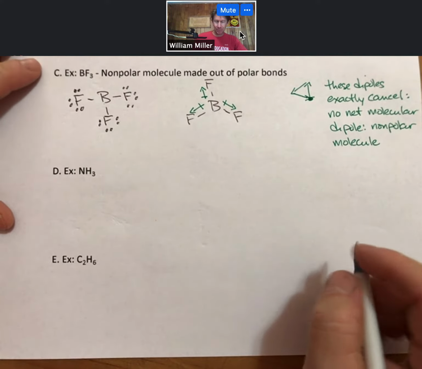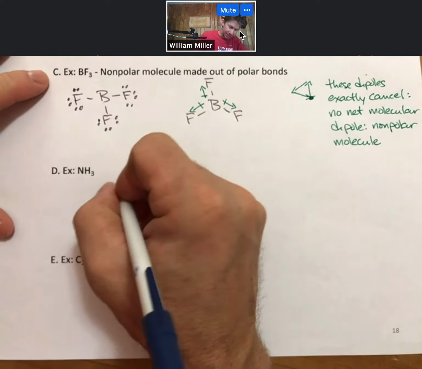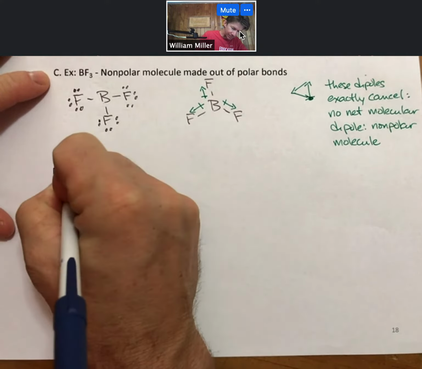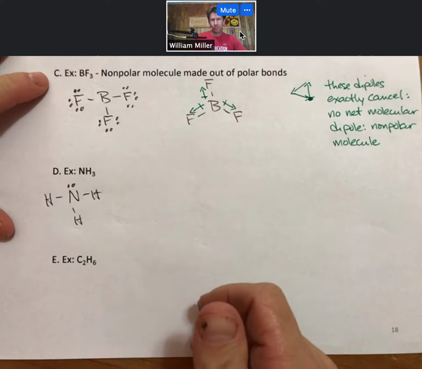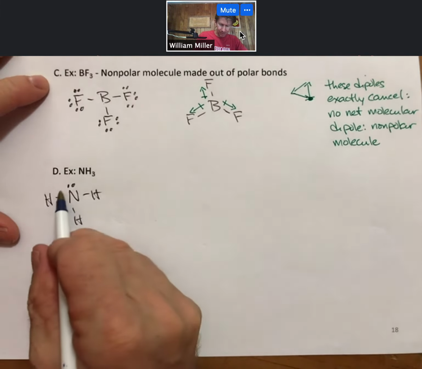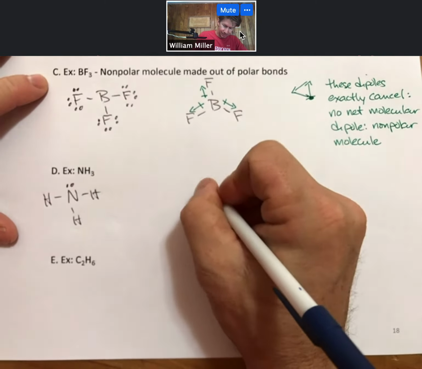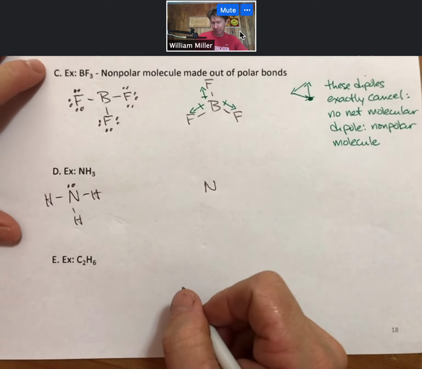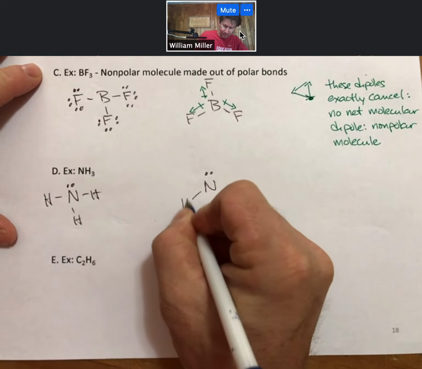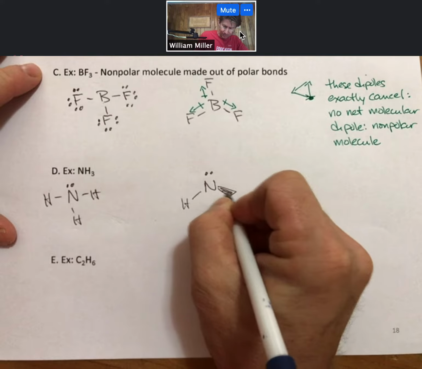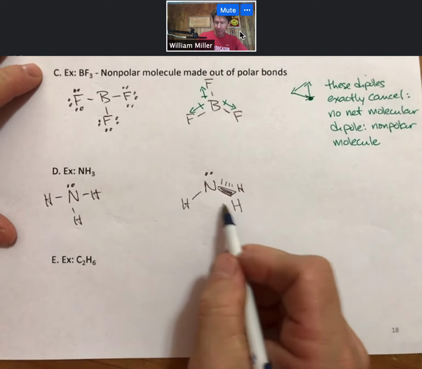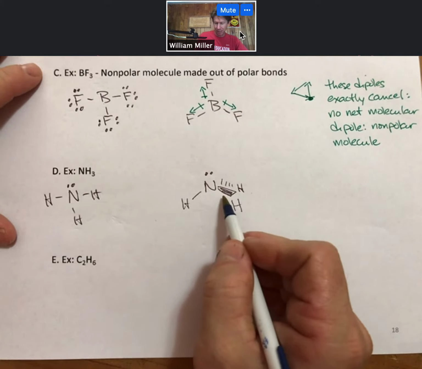Our next example, ammonia. So draw its Lewis structure. From its Lewis structure, we can draw its shape. It's going to be tetrahedral. And this time, I guess I'm going to draw my pair of electrons on top. My 3 hydrogens going angled down and out.